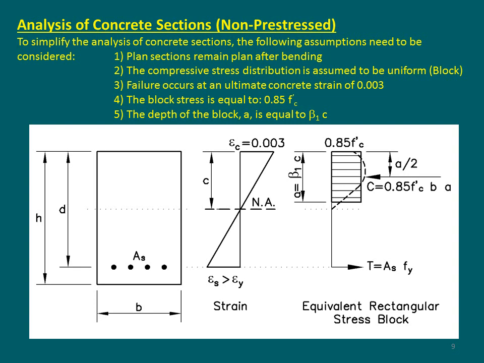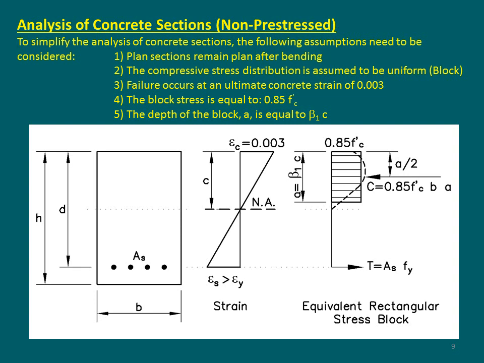To simplify the stress distribution in the compression on the concrete, we're going to be assuming here a block. This block is going to have a stress value of 0.85 f prime sub c. The depth of it is going to be called a, which is equal to beta 1, which is a factor based on the concrete strength, multiplied by c, which is the neutral axis depth.